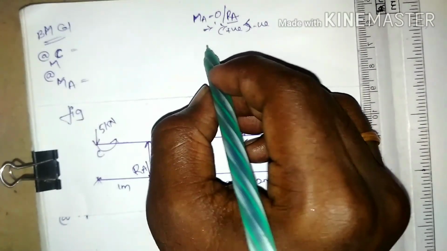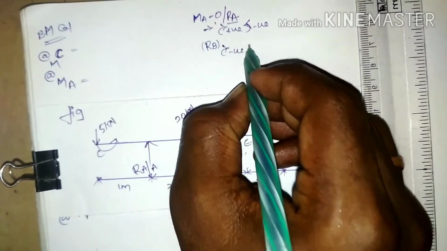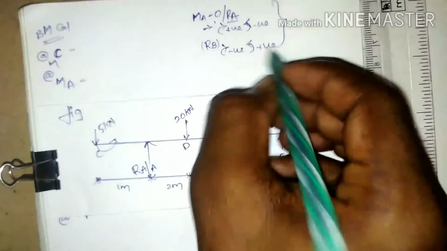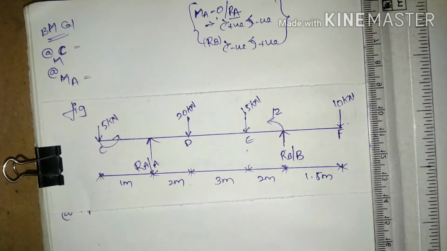Or if you want to take the moments from RB, clockwise as negative, anti-clockwise as positive. Follow these sign conventions while taking the moments. Let's see how to apply these sign conventions.